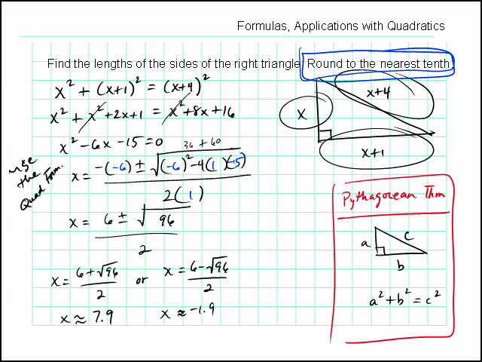Well, once again, you can't have a negative number for this application, because it represents the side of a triangle. So that answer is no good for our problem. It must be that x is about 7.9.